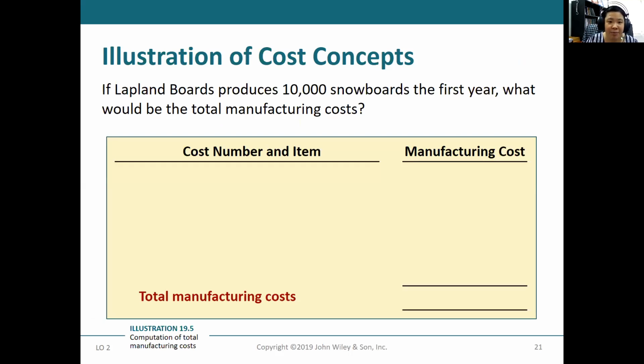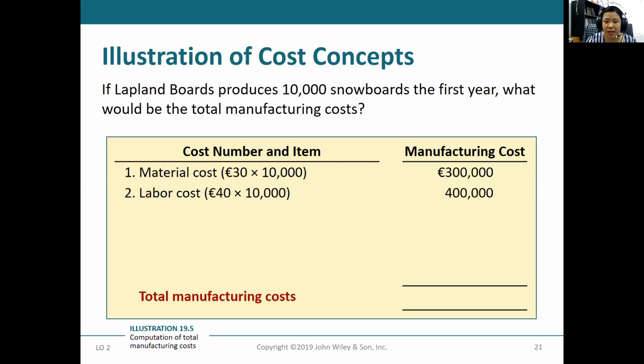If Lapland Boards produce 10,000 snowboards the first year, what would be the total manufacturing cost? Okay, so we have material cost 30 times 10,000 units. That will give us 300,000. Labor cost 40 times 10,000, that will give us 400,000.